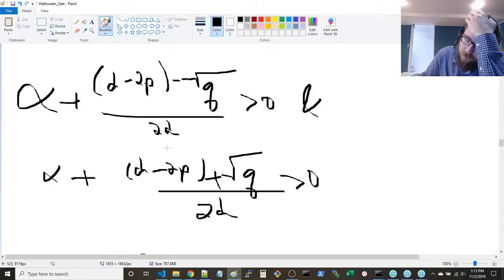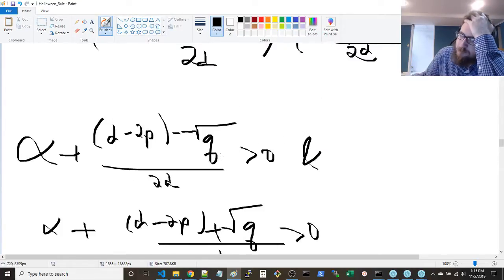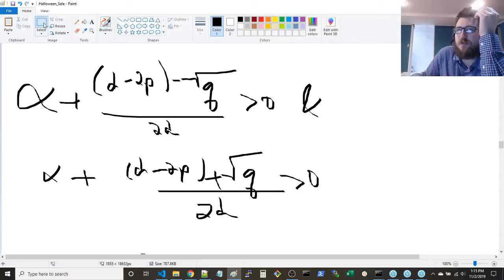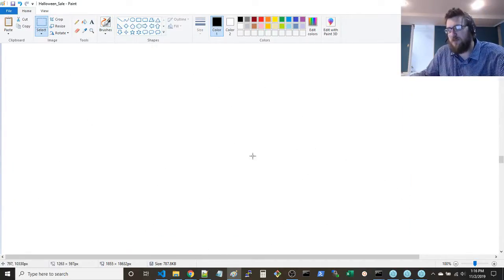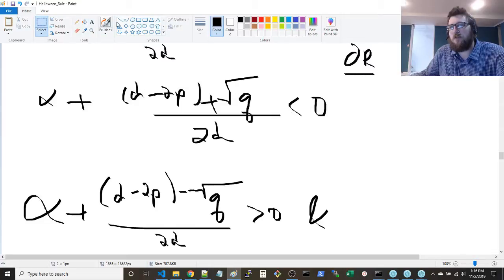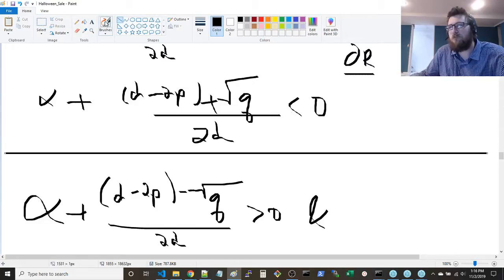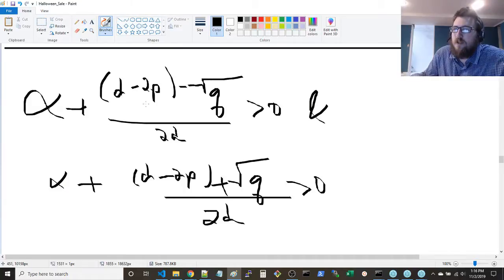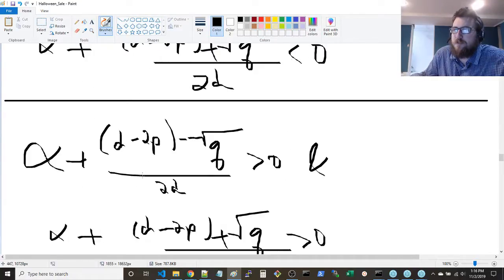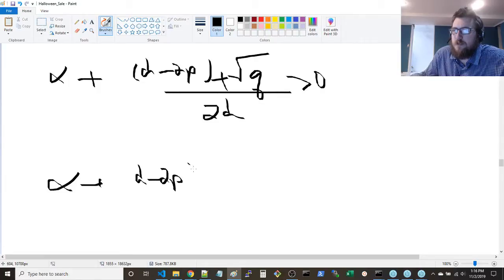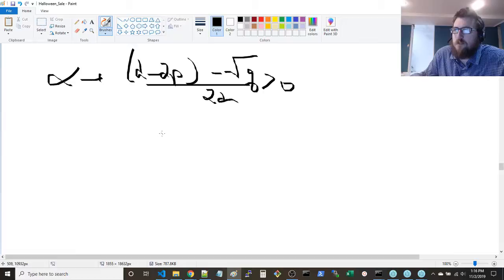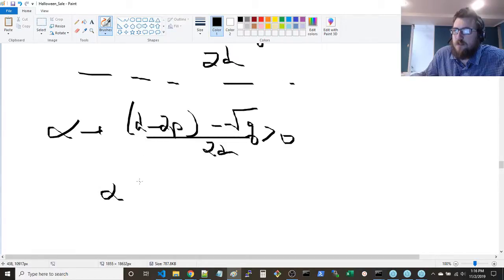Now, what does that mean for alpha? This piece implies what about alpha? Alpha plus d minus 2p minus square root of q over 2d greater than 0 implies that alpha is greater than square root of q.